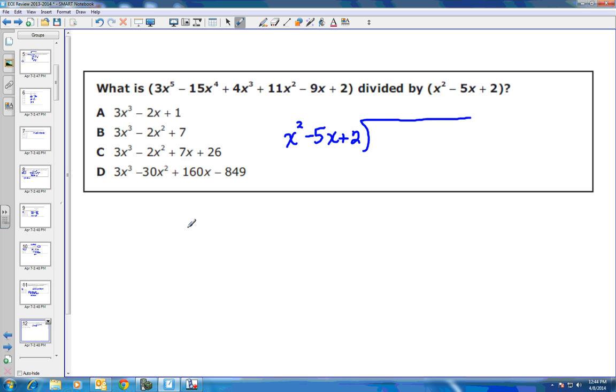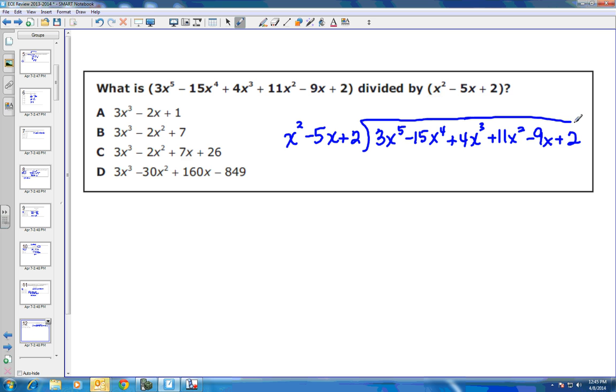Long division, real long division. 3x to the 5th minus 15x to the 4th. Is this a calculator problem? Nope. It would be nice, but it is not.